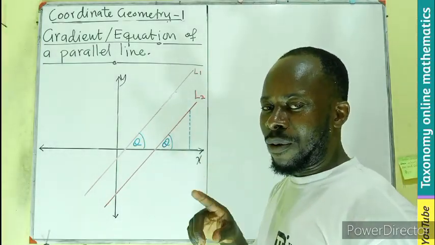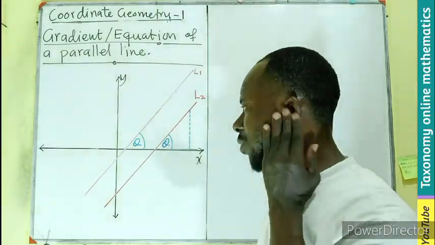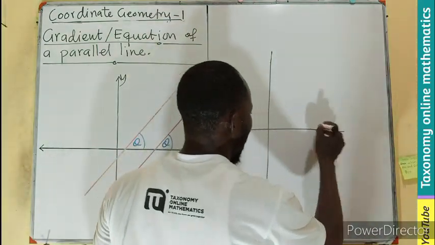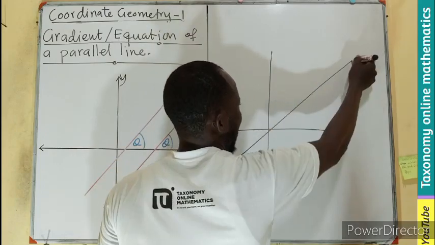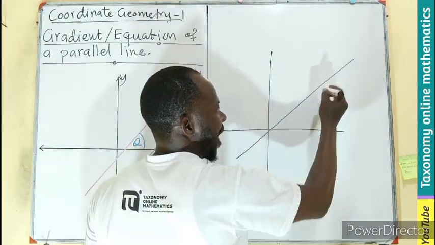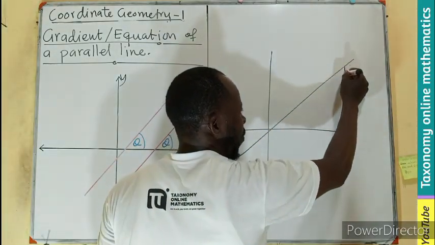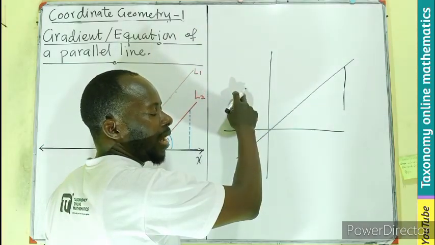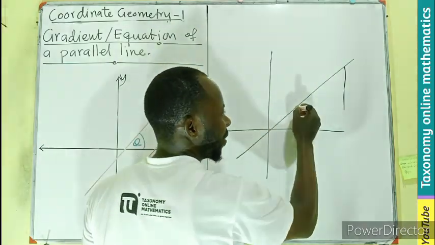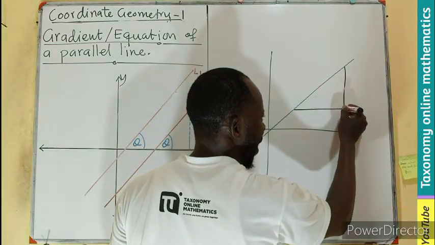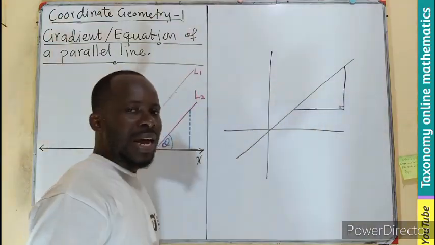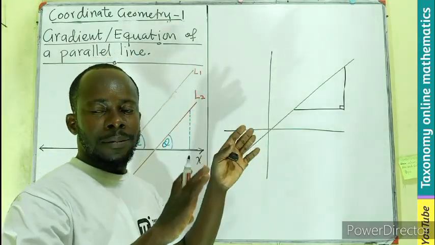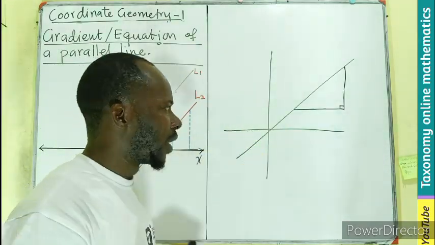Now, if you follow from the beginning, in our previous episode we did mention that if I have a line that passes through here, and I have one line drawn parallel to the y-axis and this one parallel to the x-axis, producing the angle of 90, making that triangle a right angle triangle.